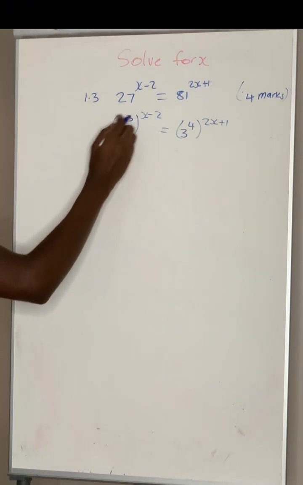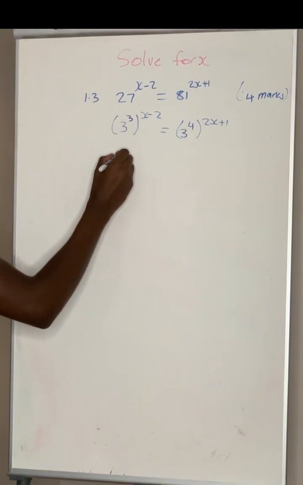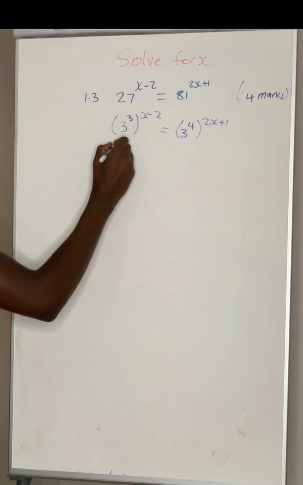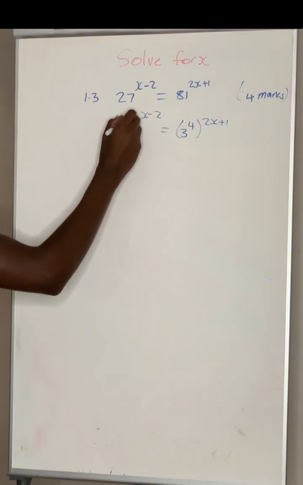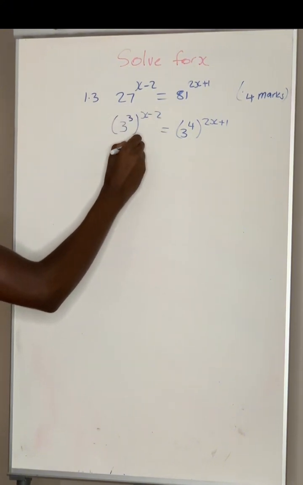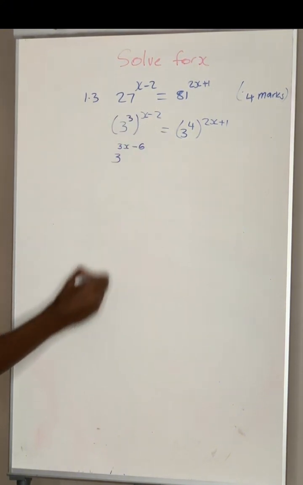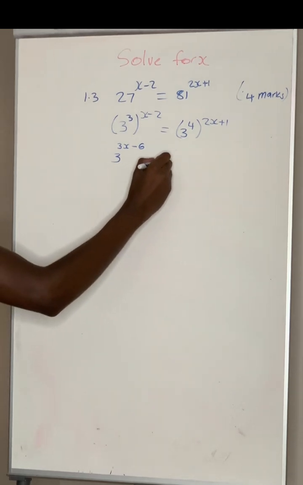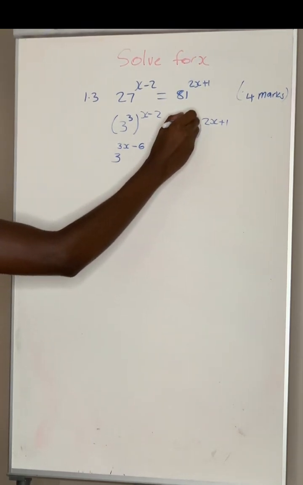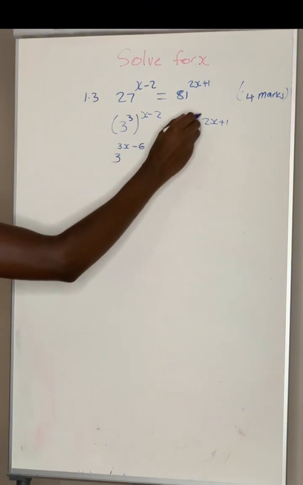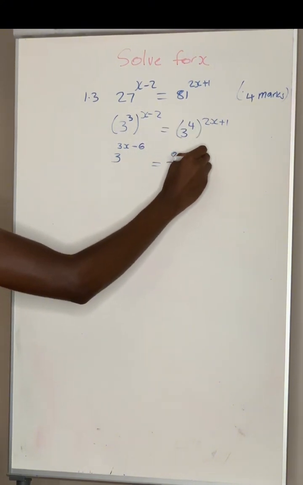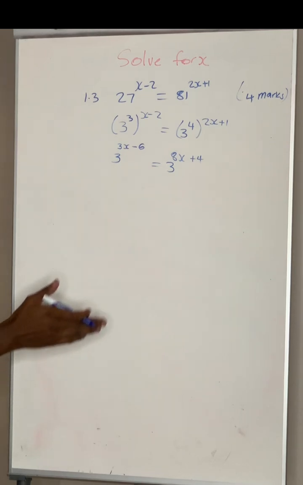Okay? And then from there, you're going to multiply the exponents. So it's 3 exponent 3 times x is 3x. Okay? 3 times negative 2, that is negative 6, is equal to 3 exponent 4 times 2x, that is 8x. 4 times positive 1, that is positive 4.